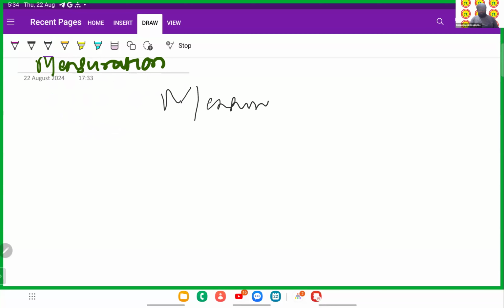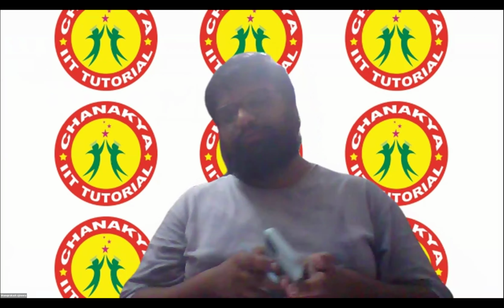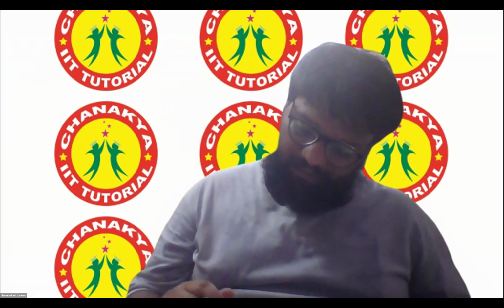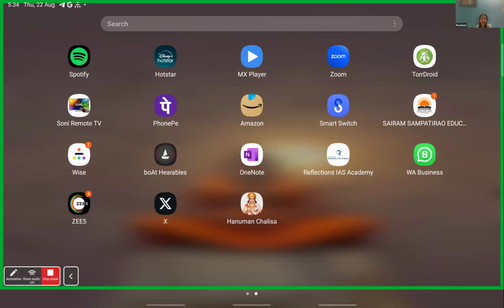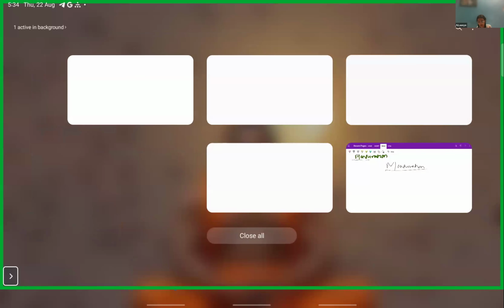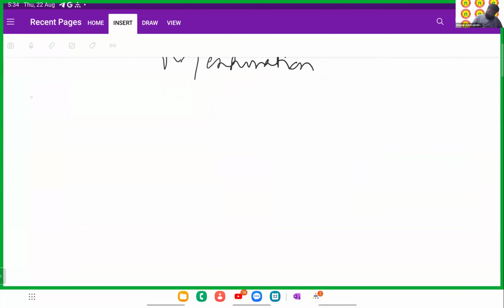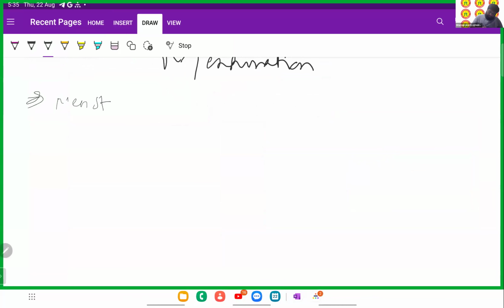So, mensuration. What do you mean by the term mensuration? Measuring something, sir. Measuring the sides or the centimeters of a shape like square, rectangle, etc. So mensuration is nothing but, please note down the definition first.